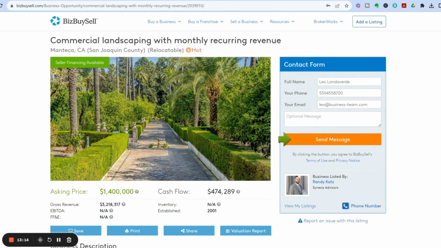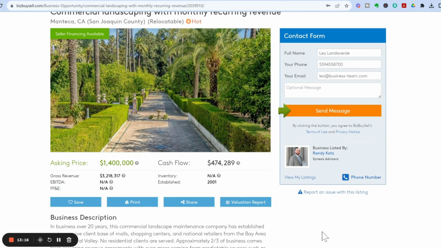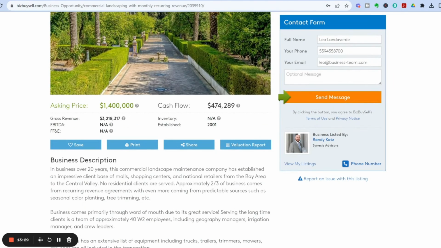Asking price 1.4 million, cash flow is 474,000. So let's divide 1.4 million by 475,000. That's 2.94, just shy of our limit, represented by a broker. 20 years, that's very good. Commercial landscape, I'm looking for the recurring.